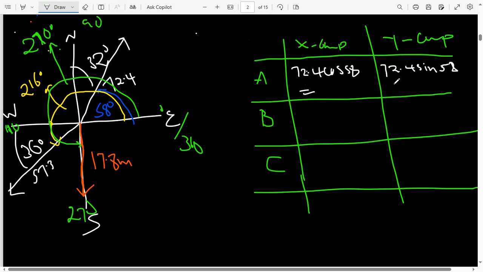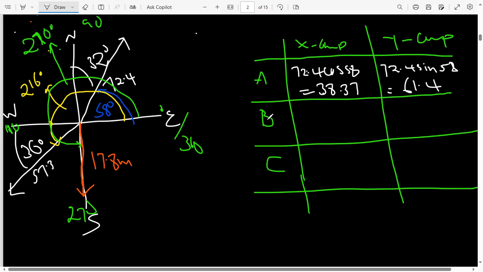When you punch that into the calculator, what are you going to get? 72.4 multiplied by cos 58, I'm getting 38.37. And for the y component, 72.4 multiplied by sine 58, I get 61.4.